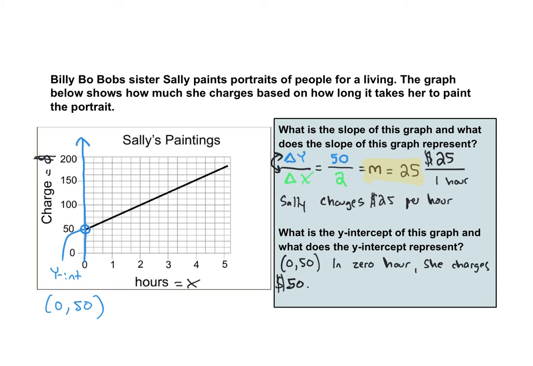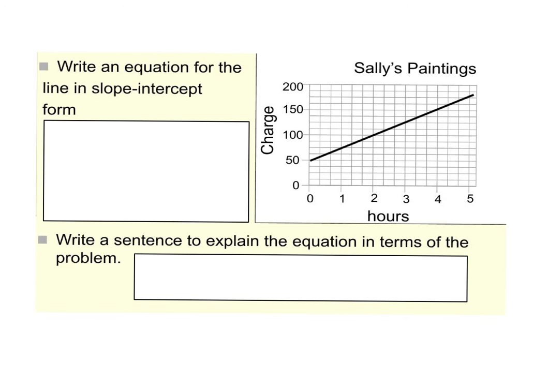So we write our y-intercept as b equals the y-coordinate of that intercept, so our b is going to be a positive 50. Let me highlight that in green because we need that again for our equation. So m is a positive 25, b is a positive 50. Now we can write our equation. So remember, we write our equations in y equals mx plus b format, where m is our slope and b is our y-intercept.